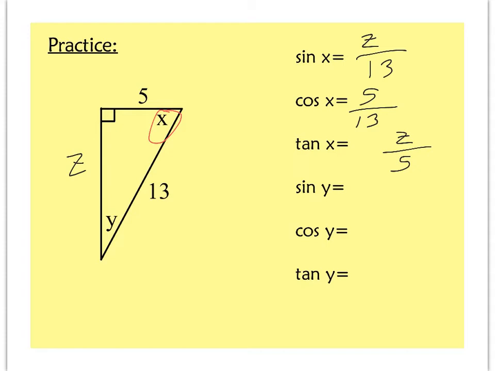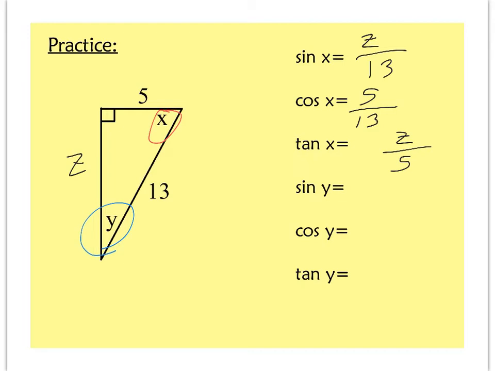So now I'm going to be using reference angle y over here, so I'm going to be using that angle. So things are going to change a little bit again. Mainly just the order it's in, because now my opposite and adjacent sides have moved. And again, they move in reference to my reference angle. So now my opposite side, across from it, is 5. My adjacent side is my unknown side, which I'm going to call z for right now. The hypotenuse did not move, nor will it ever move.